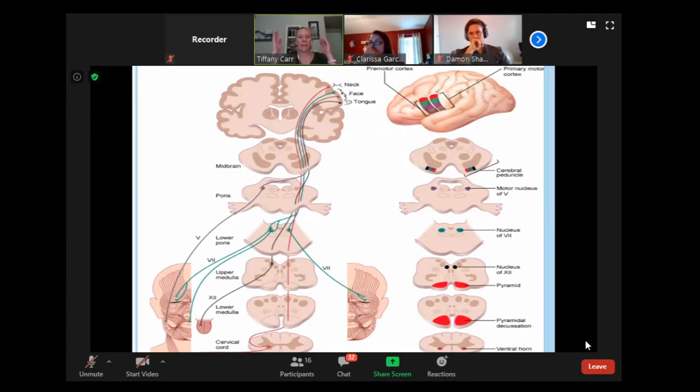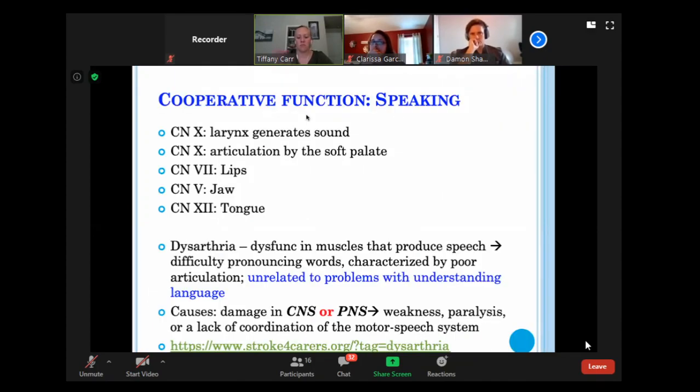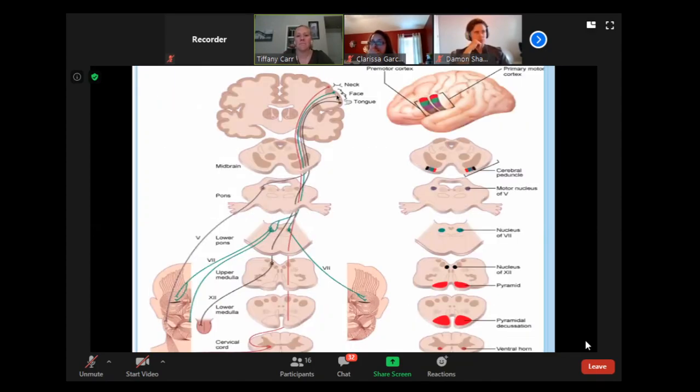So say we have a deep middle cerebral artery infarct right in here. Sorry about that. We're going to know that it's an upper motor neuron lesion because it has happened before the midbrain and before it has synapsed on any of the nuclei. And so it's going to have contralateral effects.